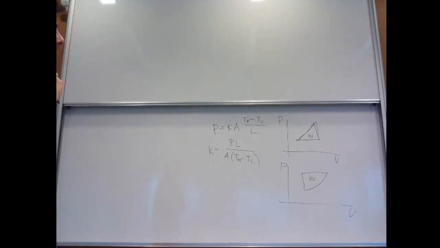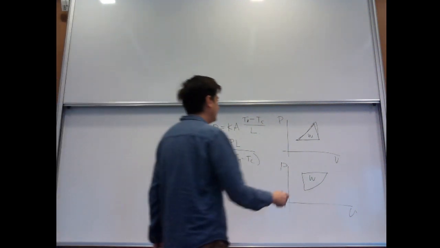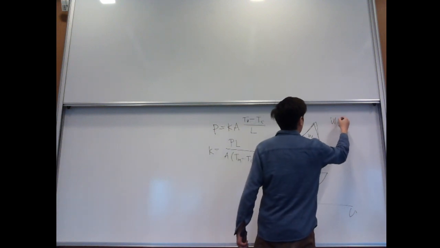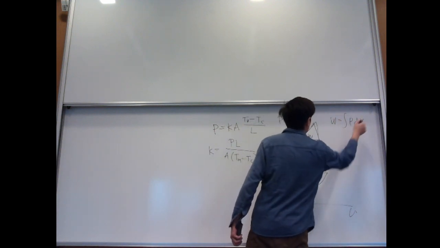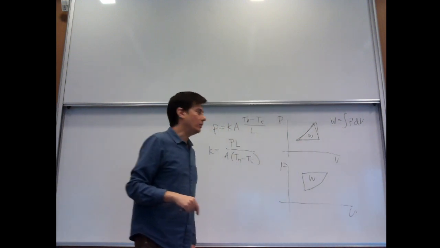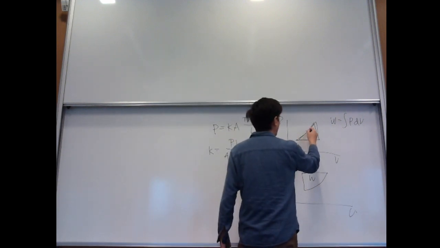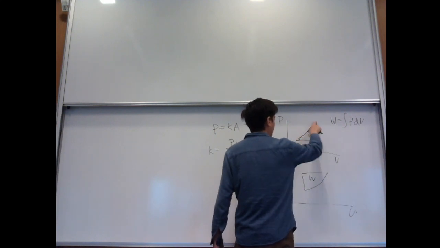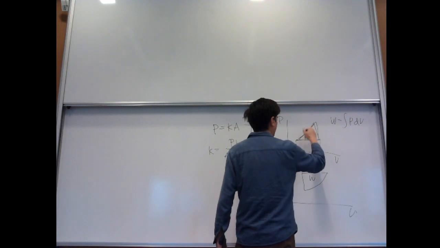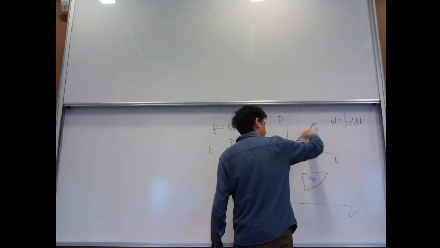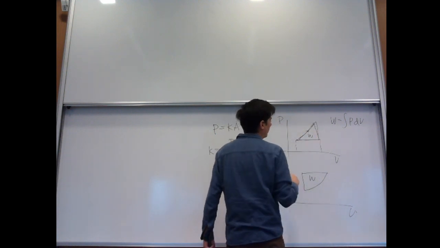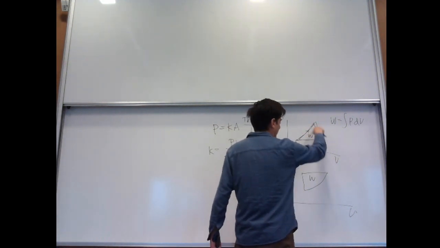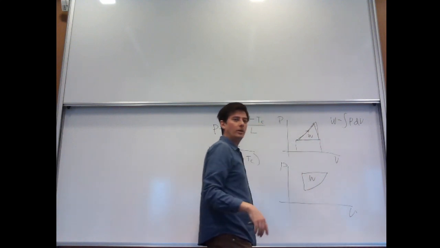And that comes about because remember, the work is equal to the integral of P with volume. And so when you go in the first leg here, if you go this way, then the area under this first leg will be the work of this first part, and then you go down, which is a constant volume process, so the work will be 0.